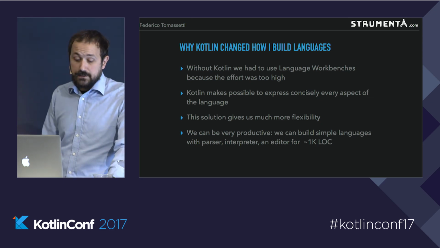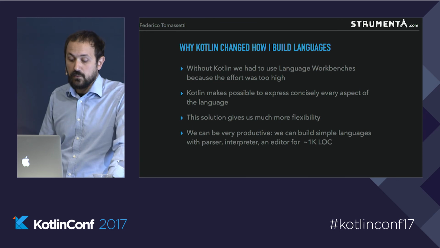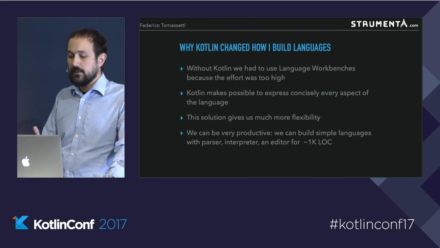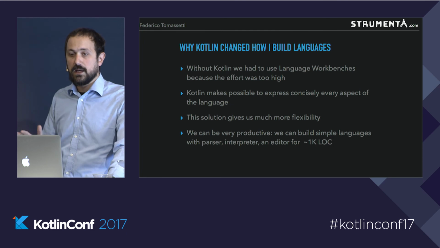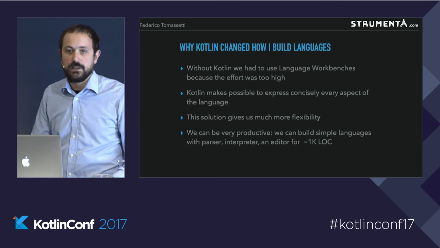And the main difference in using Kotlin with respect to just writing in Java, for me, was the productivity. I was surprised to find out that I can build very simple languages with a parser, an interpreter, and an editor in around 1,000 lines of code. I cannot imagine being able to do that in Java.